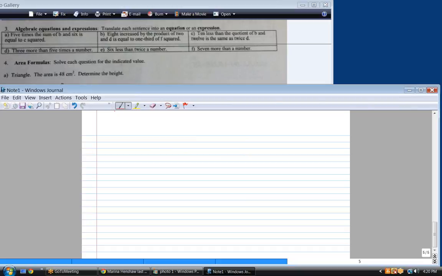8 increased by the product of 2 and d is equal to 1/3 of f squared. I don't get that. Well, it's a little hard. Let's take it one at a time. 8 increased, so it's going to be 8 plus. The product means the two things multiplied together.